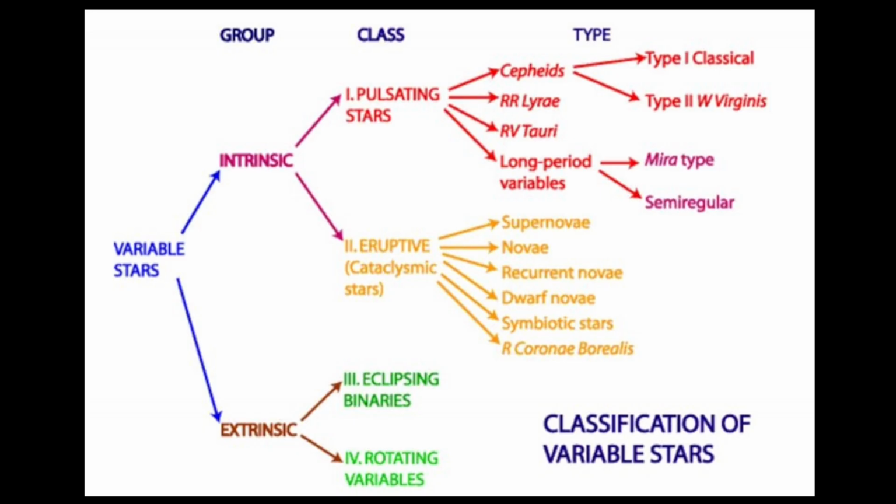I'm going to be focusing on the intrinsic part, explaining different classes of intrinsic variables like pulsating stars, and then eruptive or cataclysmic stars. I'll give examples of pulsating stars, and explain eruptive, cataclysmic stars, what it means, and some examples.